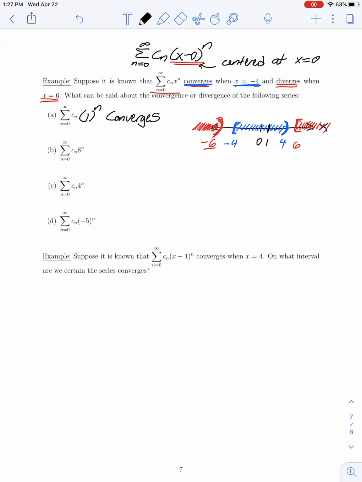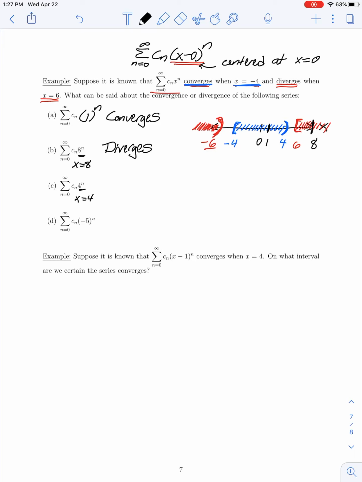Now for part B, we have the sum of c sub n times 8 to the n. So if x is equal to 8, we see that that lies in our interval of guaranteed divergence. So we could say that that series diverges. Now in part C, we have the sum from 0 to infinity of c sub n times 4 to the n.